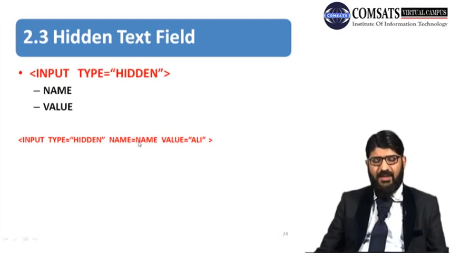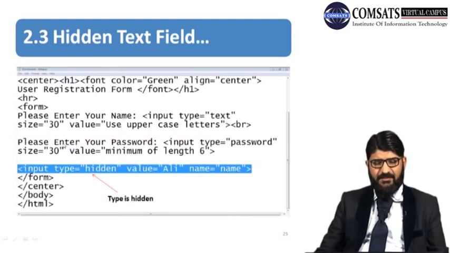Input type is hidden, name is given and value is Ali. Whenever you assign input type hidden to any form element, it will be hidden. Let's see. After the password, you have created a hidden type form element, value is Ali and name is name.